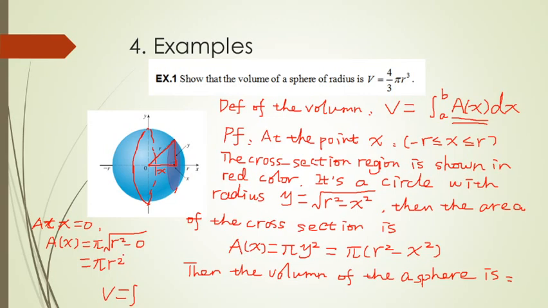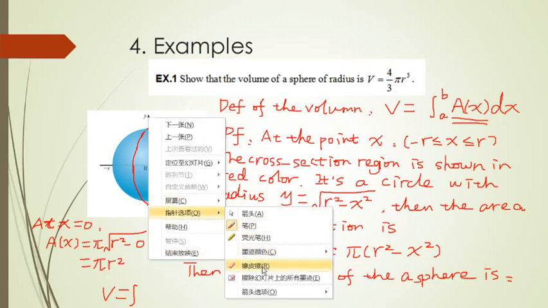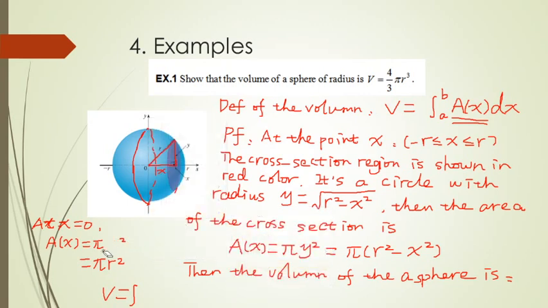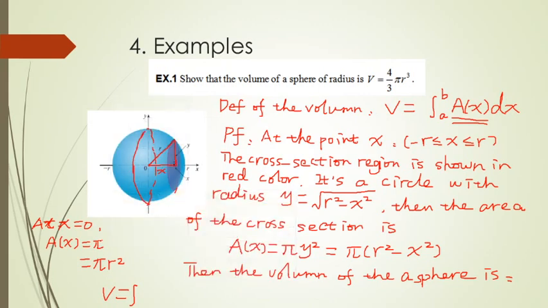No, it's about the square. Here should be pi y square. Let me write it in this way, okay? It's pi y square. Pi y square should be pi r square minus 0, okay? There is no problem. Pi y square, the radius is y.